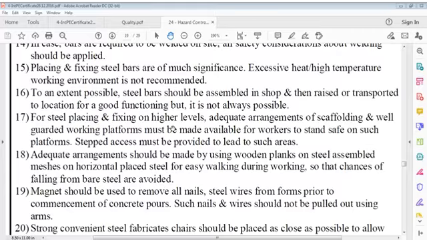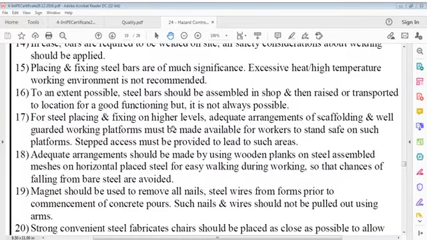Environment is not recommended. To an extent possible, steel bars should be assembled in shop and then raised or transported to location for a good functioning, but it's not always possible.